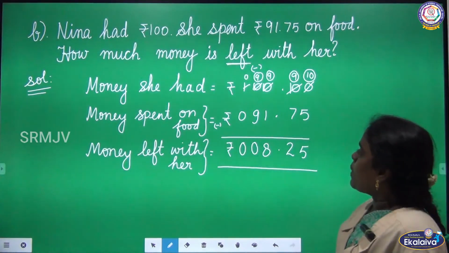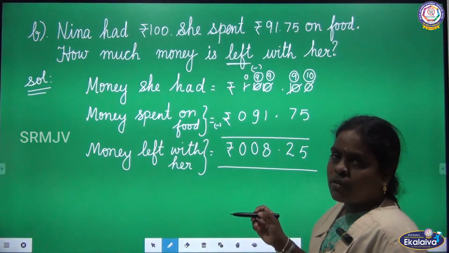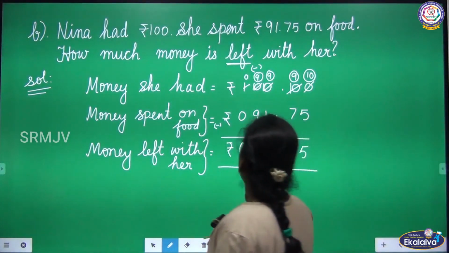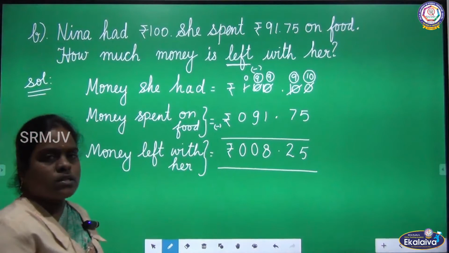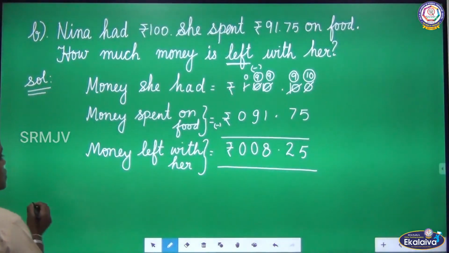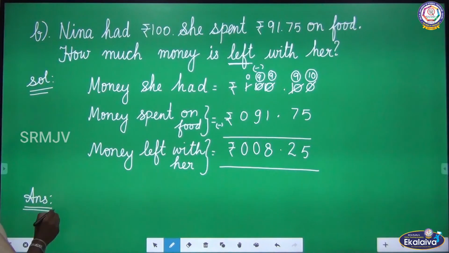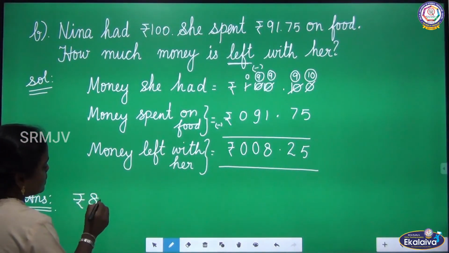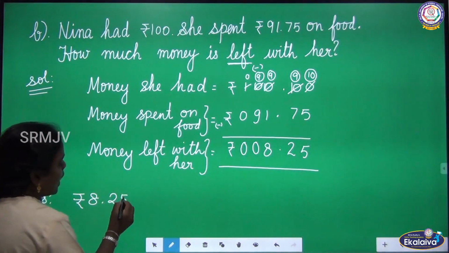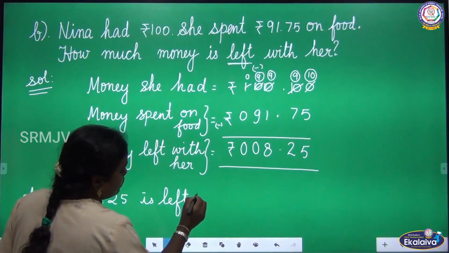So if she spent rupees 91 and 75 paise on food, she will have 8 rupees and 25 paise left with her. So let us write the answer. Rupees 8 and 25 paise is left with her.